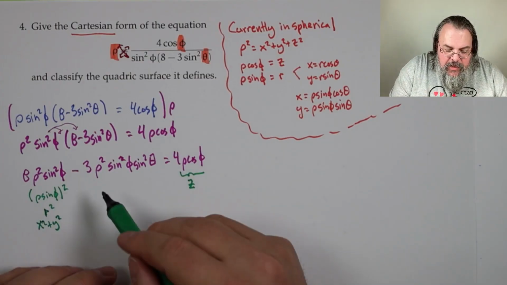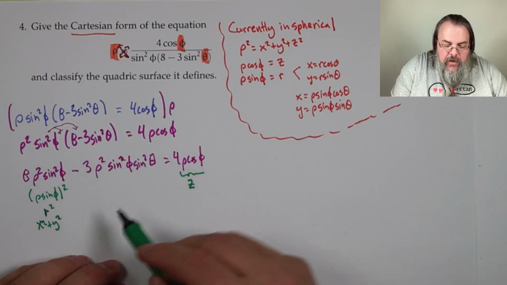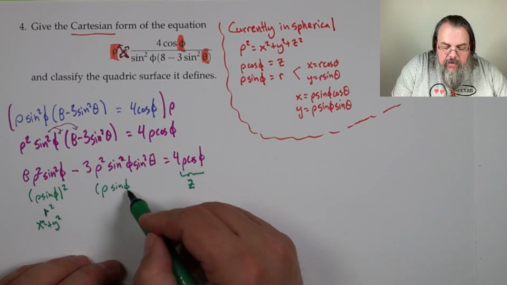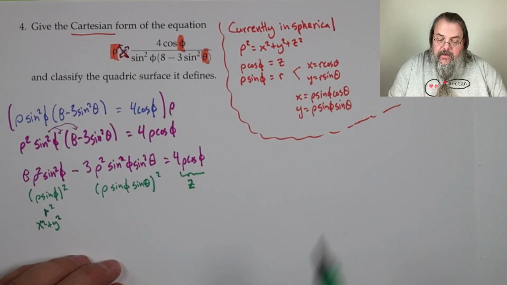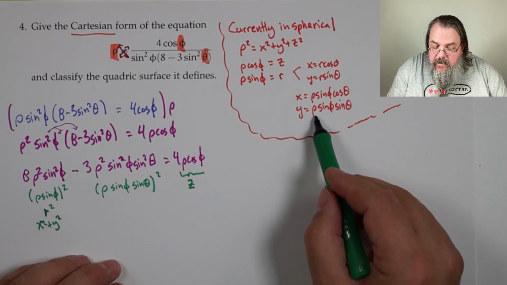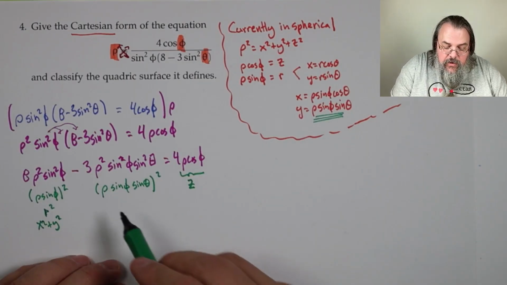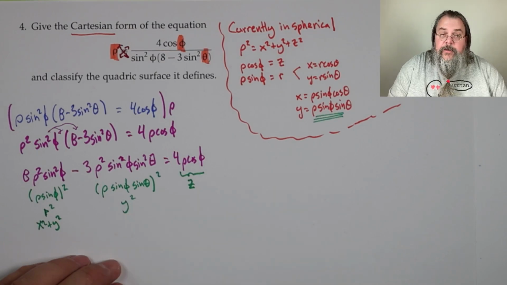Now, on the other hand, what do we have here? Well, rho squared sine squared phi sine squared theta. Everything's squared, so we can think of this as rho sine phi sine theta, squared. That rho sine phi sine theta is showing up over here. So this is y squared.